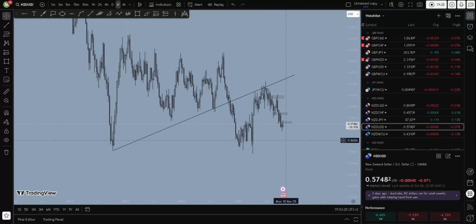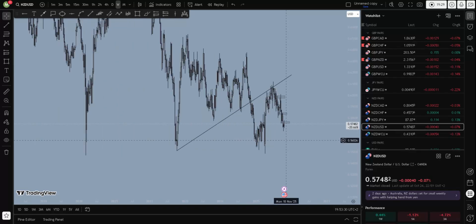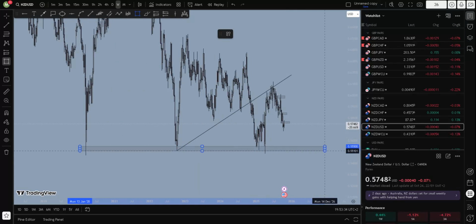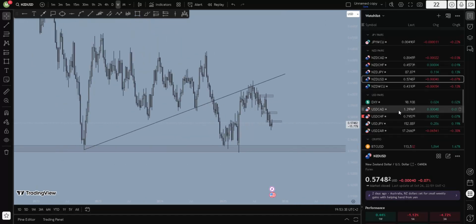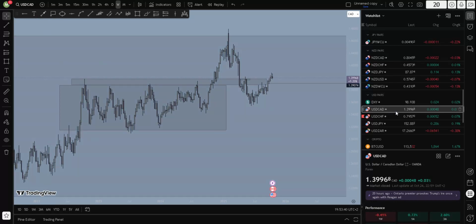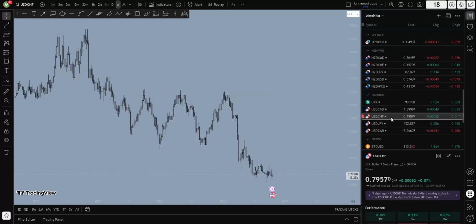Okay, this is obviously bearish. It did find some support here. Okay, I don't like it. Not clean. USD CAD.